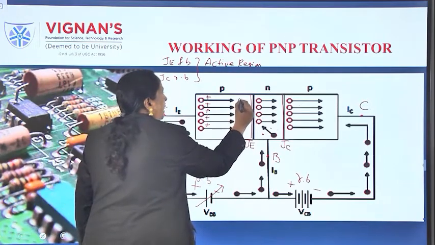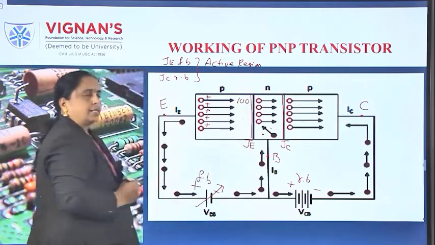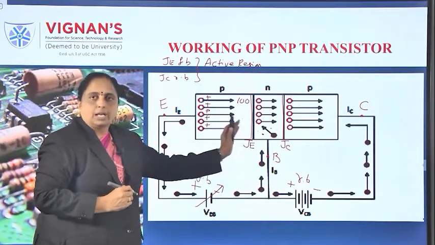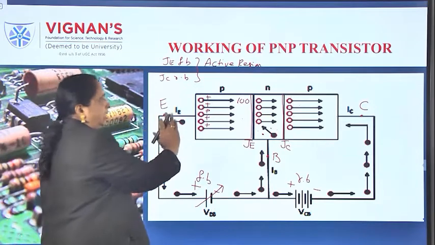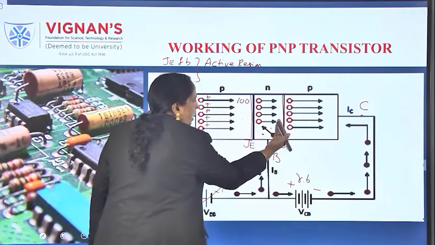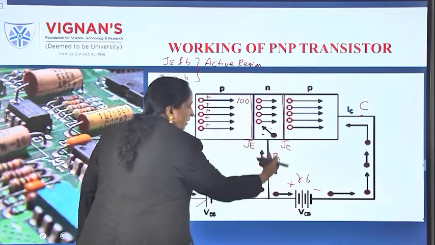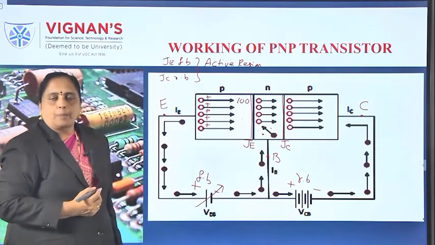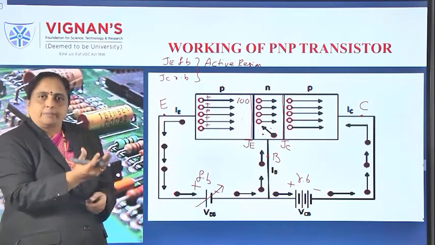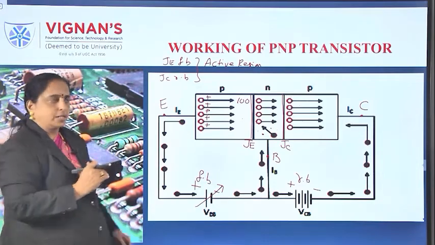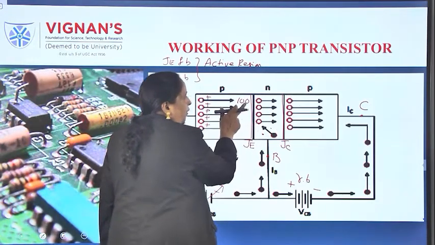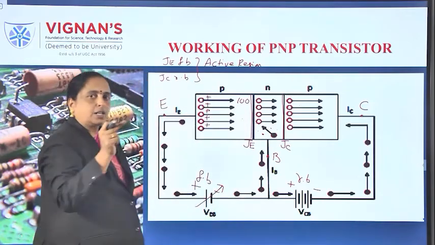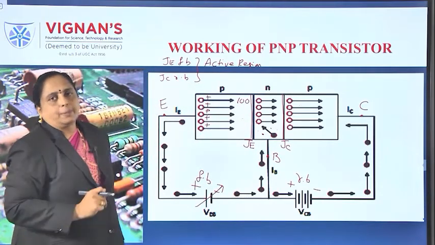For example, assume that 100 holes start from the emitter region because of this external forward bias. They are repelled and move towards the base, while the electrons come from the opposite side. Some of them may recombine and get neutralized. So assume all 100 enter the base and some of the holes recombine with the electrons already existing in the base region.